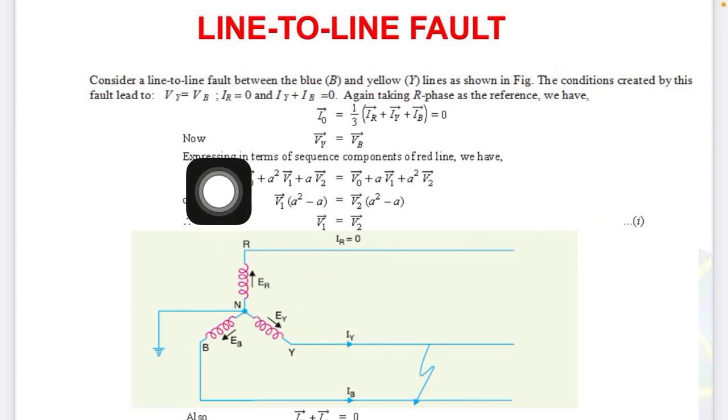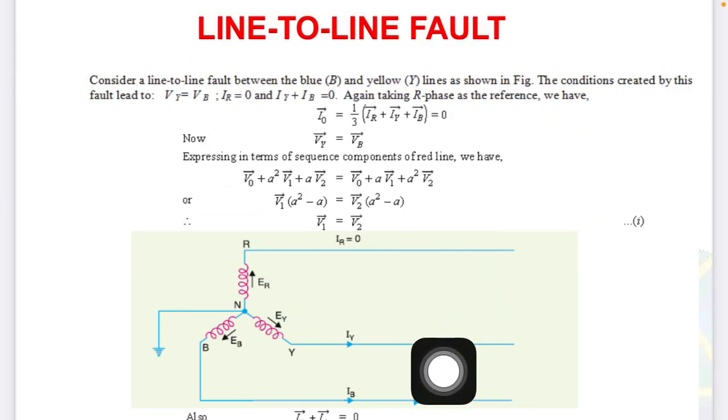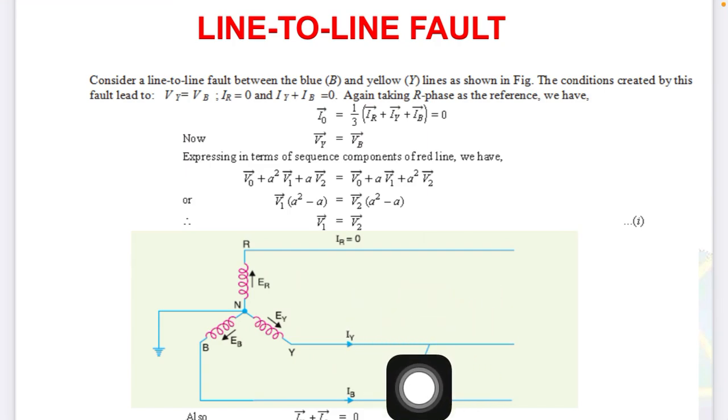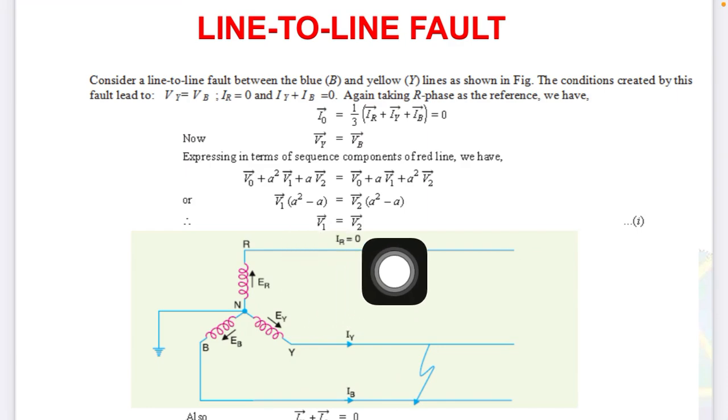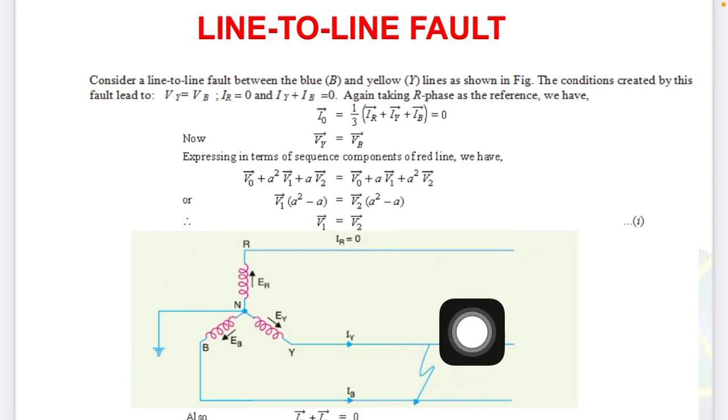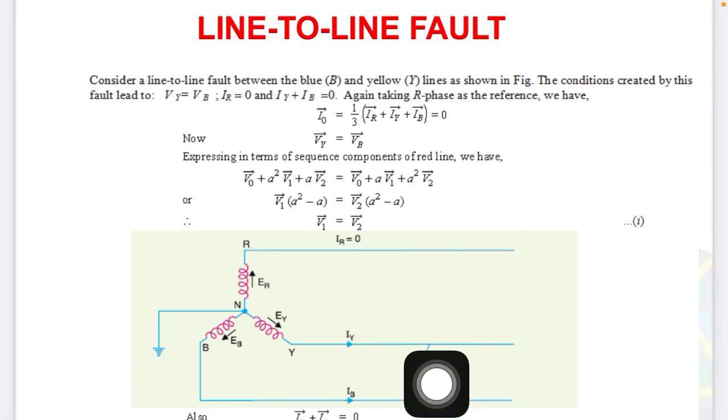For defining the line to line fault, I consider the Y and B phases as the faulty phases. Obviously, when the fault occurs, the current in the remaining phase is 0, so IR is equal to 0, and V1 and V2, the positive sequence and negative sequence voltages, are the same, because the zero sequence is absent.